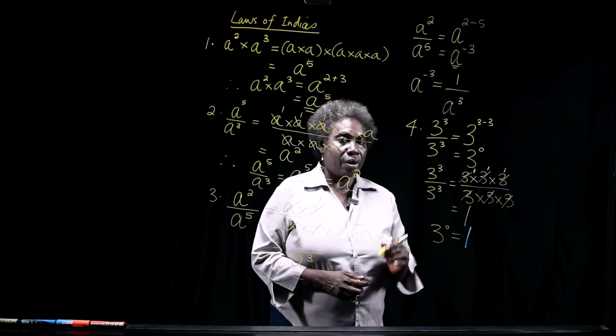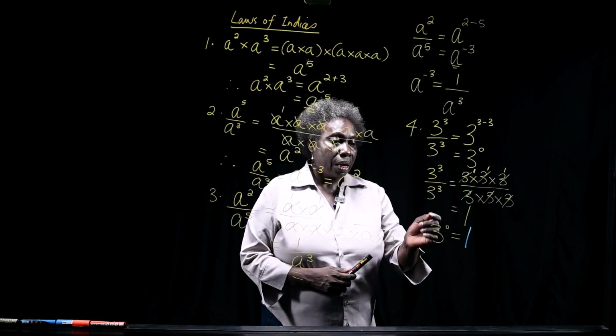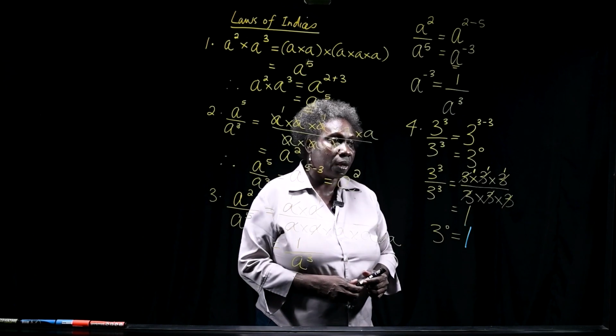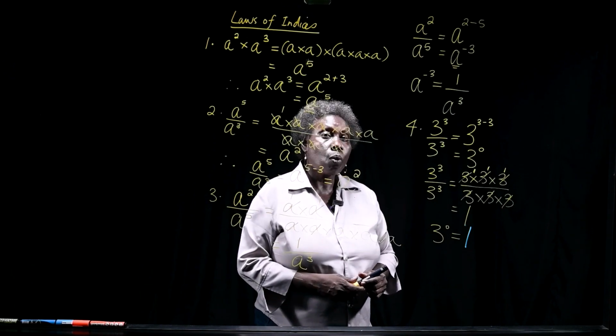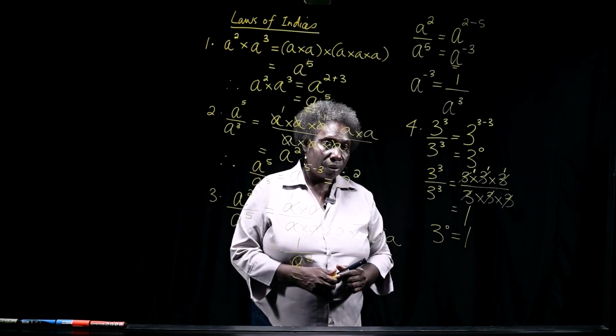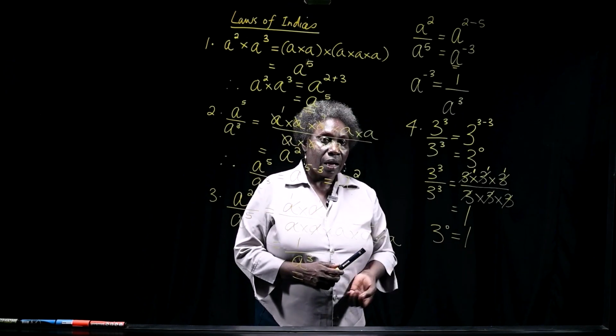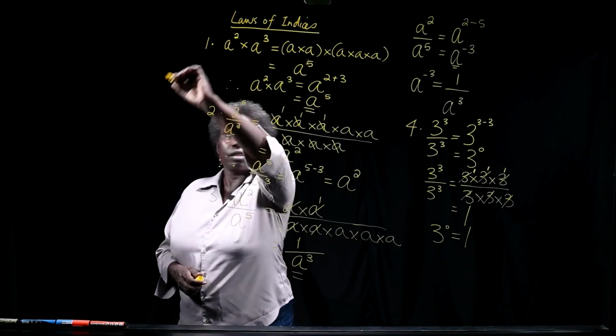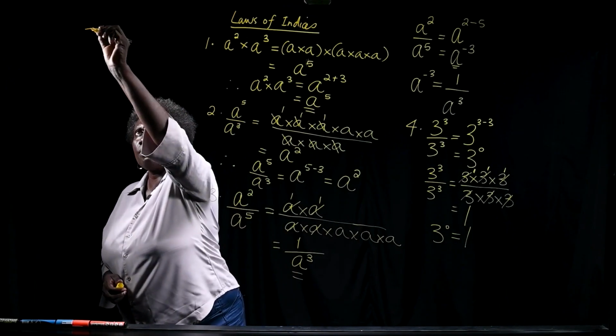Therefore, rule number 4: if a number is raised to the power of 0, it will always be equal to 1. Let's look at rule number 5. What happens when a power is raised to a power?